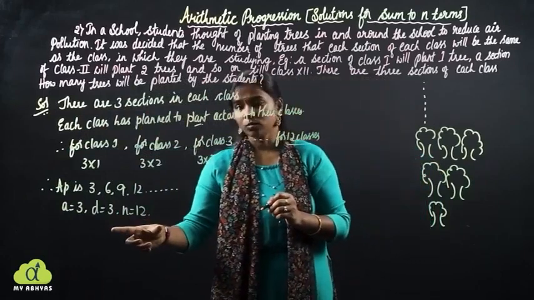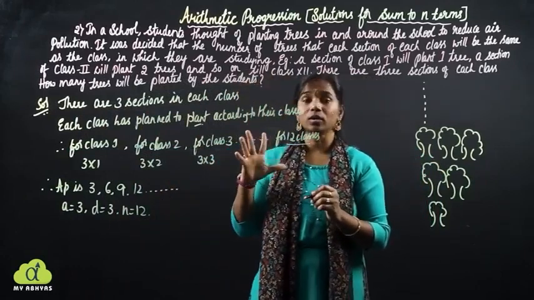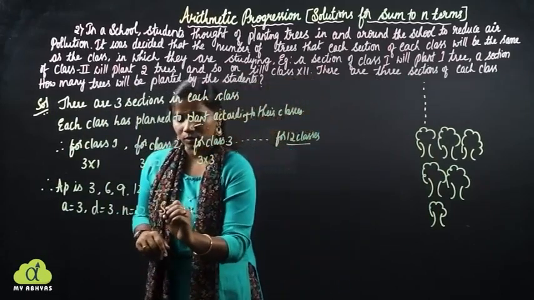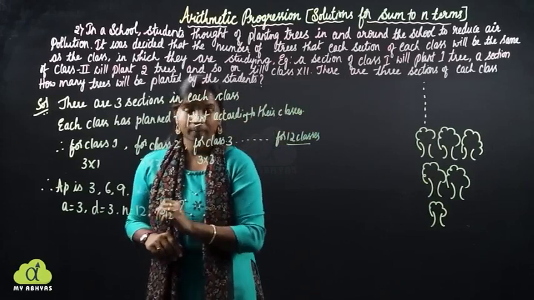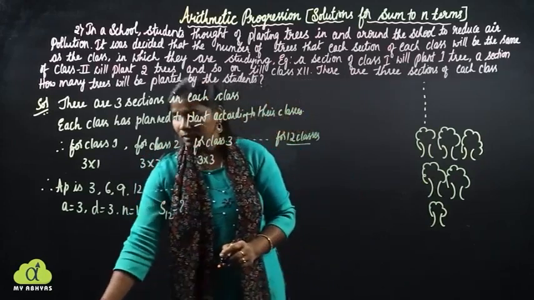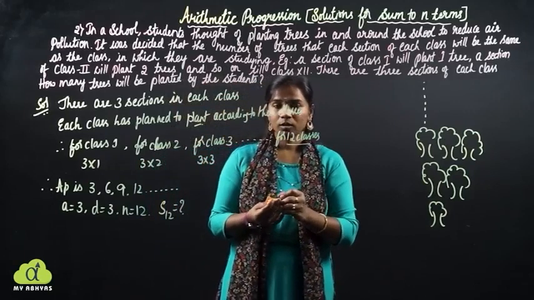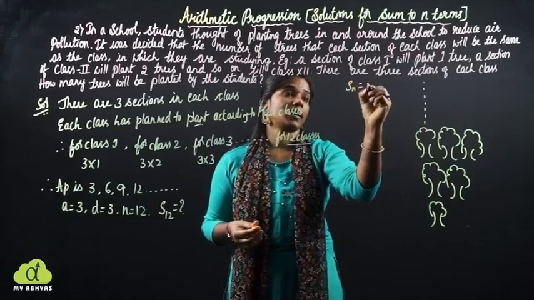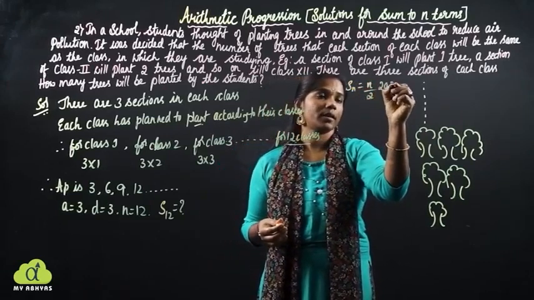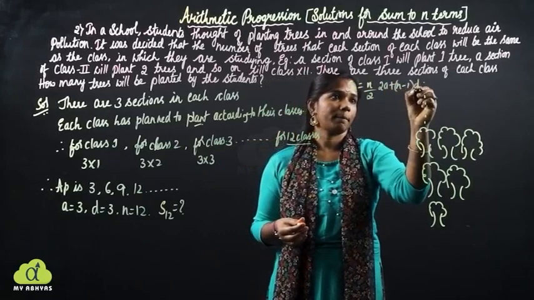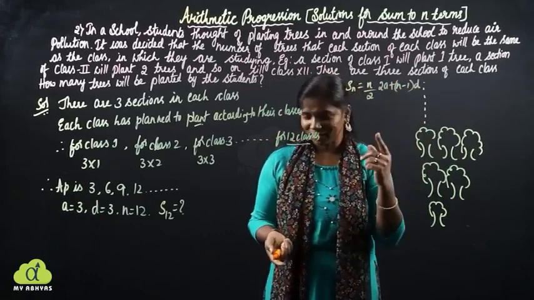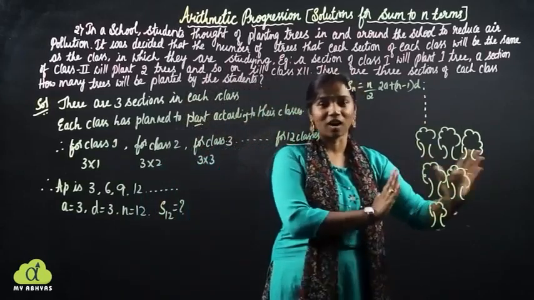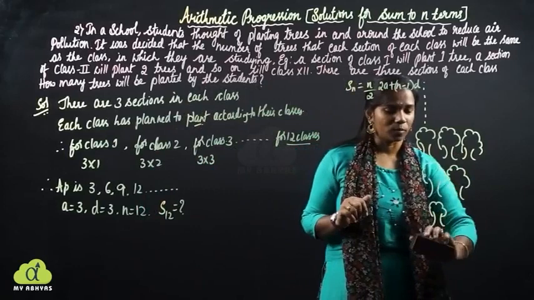Clear? Now let us find the total number of trees planted. So that is S12 we are supposed to find out. Use the formula: Sn is equal to n divided by 2 into 2a plus n minus 1 into d. Keep practicing.